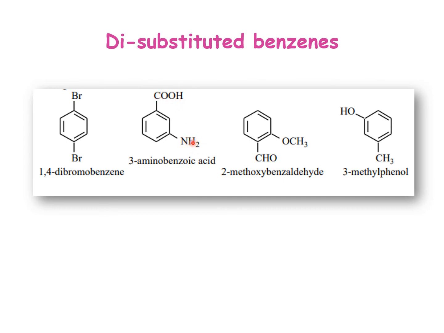So it is 3-amino benzoic acid, or it is meta amino benzoic acid. In this case, we have methoxy and aldehyde. So aldehyde gets the priority on which methoxy group is attached. In case of methyl and hydroxy, there is priority given to phenol on which methyl group is present.